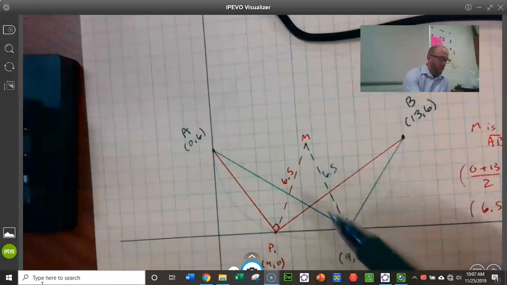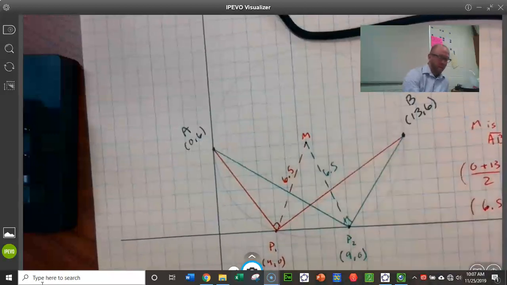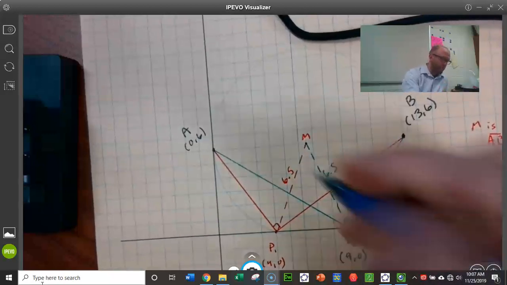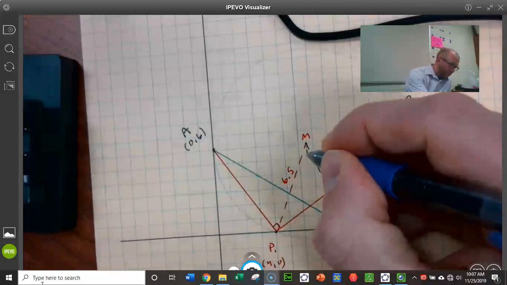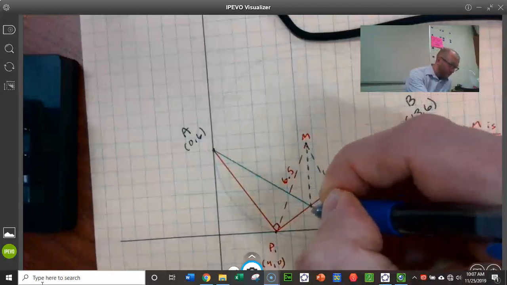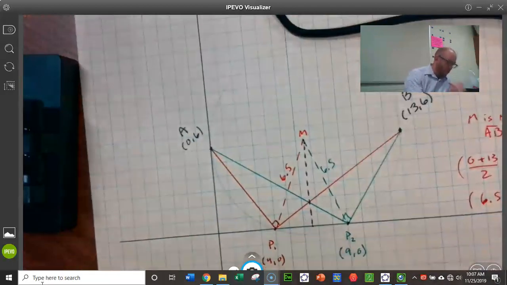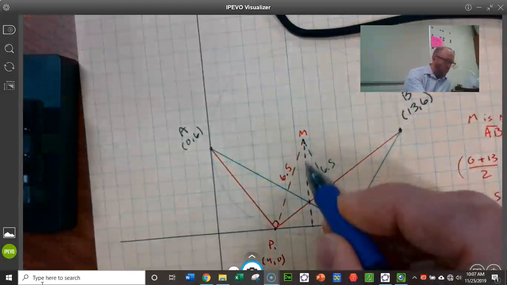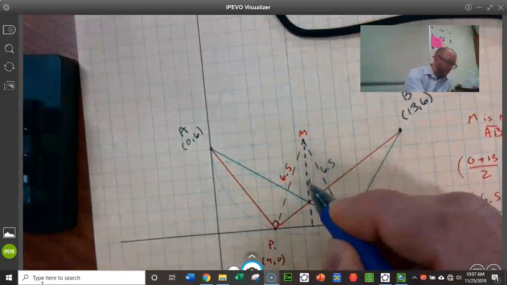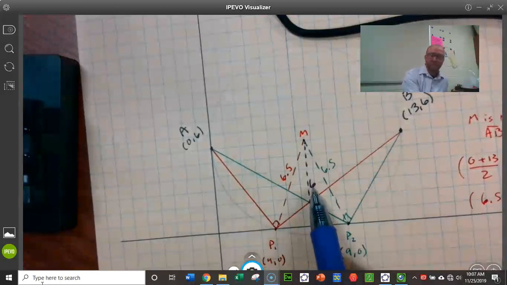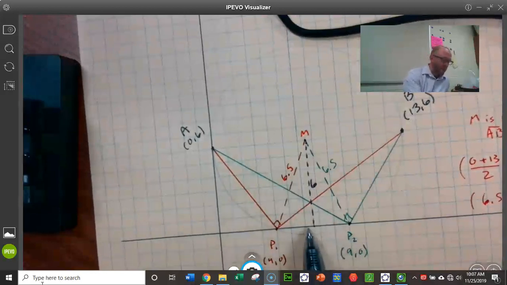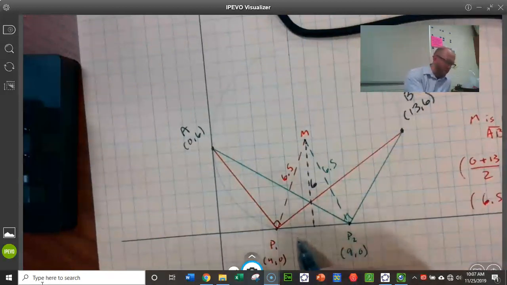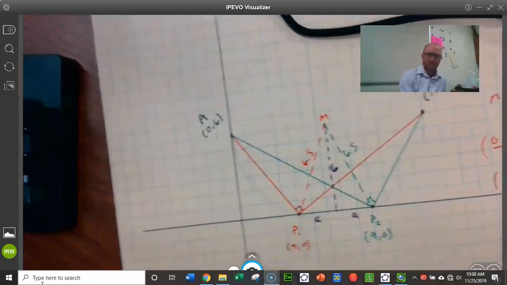So if we want to find out where that is, we're going to have to use a little Pythagorean theorem. If we kind of drew in a right triangle over here, we know that this length, because we can just count the spaces, is 6. And if the hypotenuse is 6.5, then we just need to find out how far over this is. We'll call this A on either side.